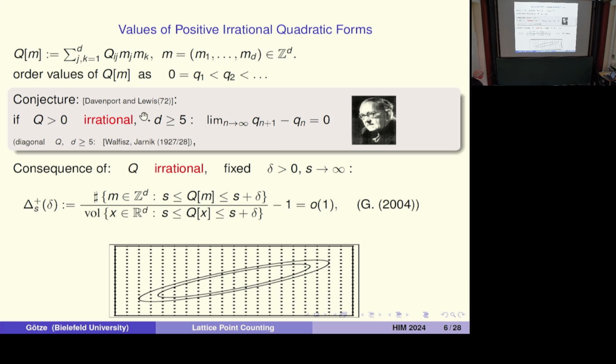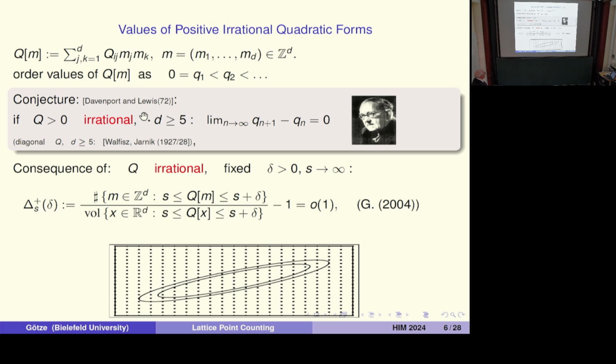Now, this is a consequence of the following results, and this is lattice point counting. So this, you would call distribution of values. But if you have a rather accurate lattice point counting, you can deduce this. What you do is you take an ellipsoid with squared radius s plus delta and squared radius s, and the shell between. And you count the number of lattice points within this thin shell, which is very thin.